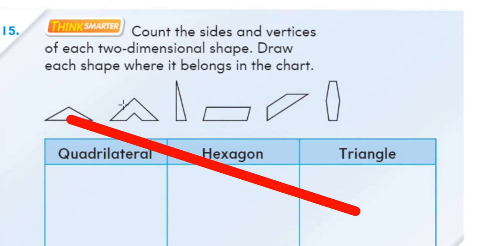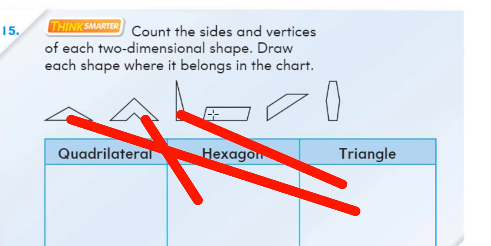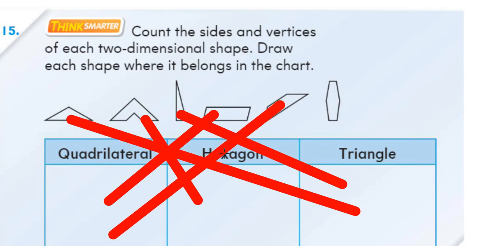So we have 1, 2, 3, 4, 5, 6, and we know that 6 would be hexagon. 3 sides and vertices, another triangle. 4, quadrilateral, another 4, quadrilateral, and here we have 1, 2, 3, 4, 5, 6. So this is another hexagon.